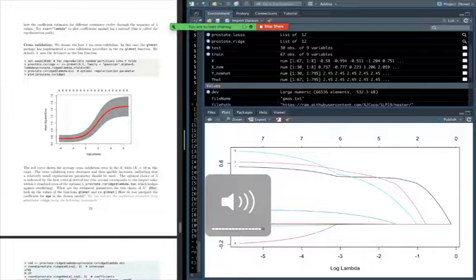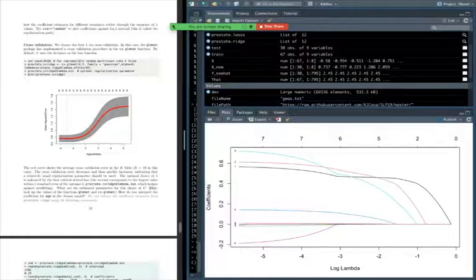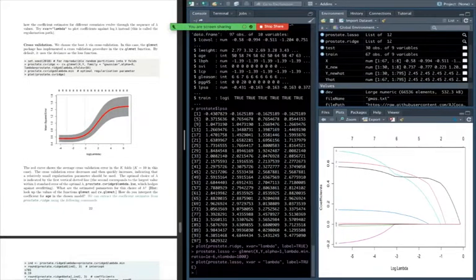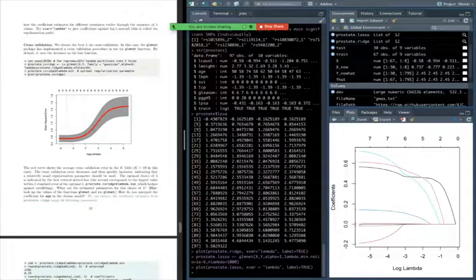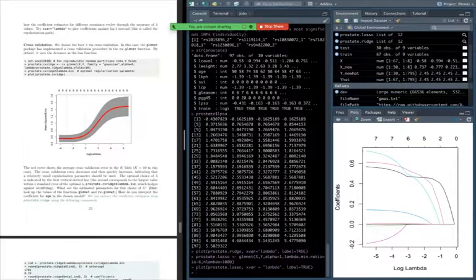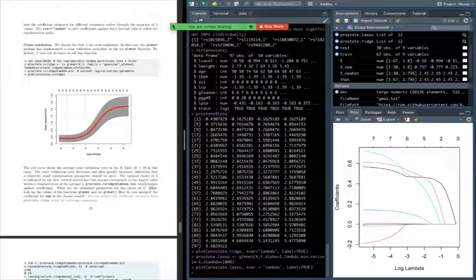So the leftmost line is the lambda value that gives the smallest cross-validation error. And then you mentioned the second line being one standard deviation above that, to hedge against overfitting. Would you be able to give a bit more intuition as to why you would do the second one, or which one would we pick if we were doing it?